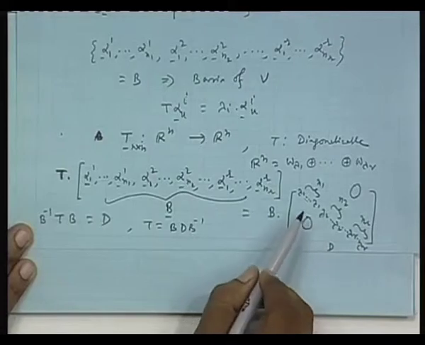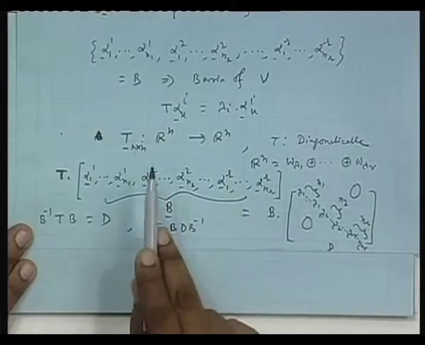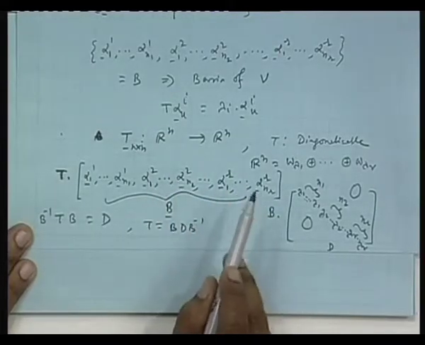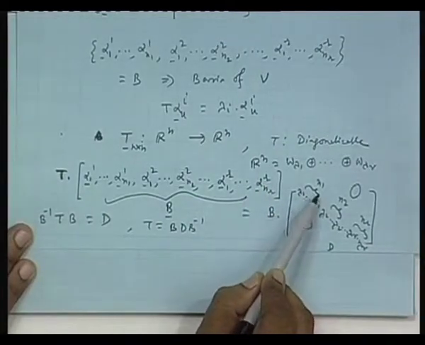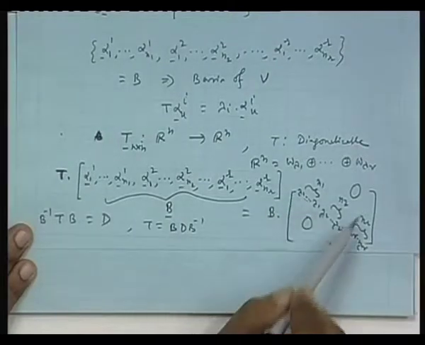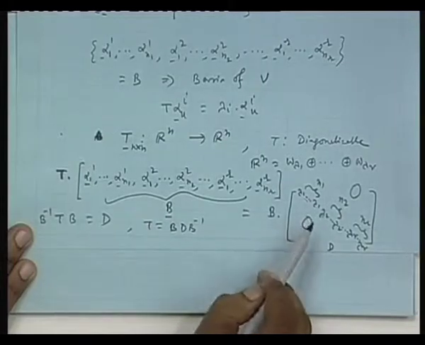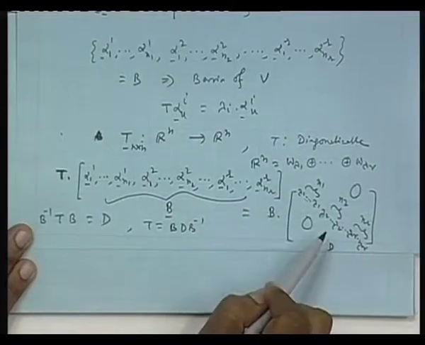Each eigenvalue, lambda 1, occurs n1 times, where n1 is the dimension of W lambda 1, lambda 2 occurs n2 times, where n2 is the dimension of W lambda 2, and so on, and n1 is also called the multiplicity of lambda 1, that is the number of times lambda 1 occurs in this diagonal matrix. So, in general lambda i has a multiplicity ni, meaning it occurs ni times in this diagonal matrix. And what is ni?